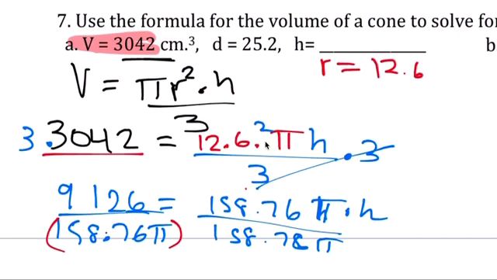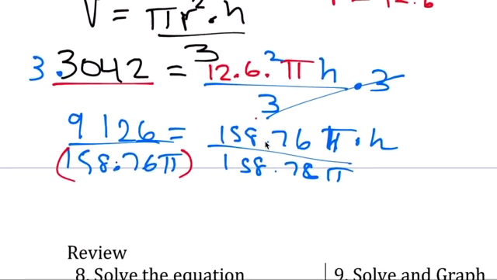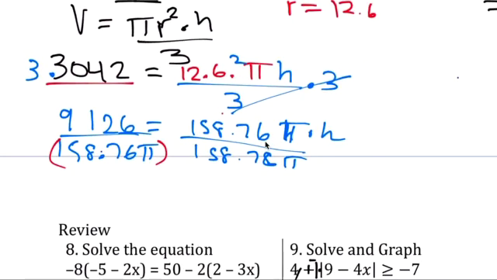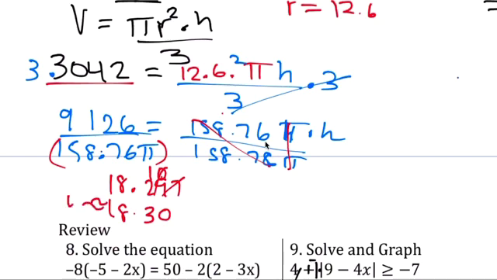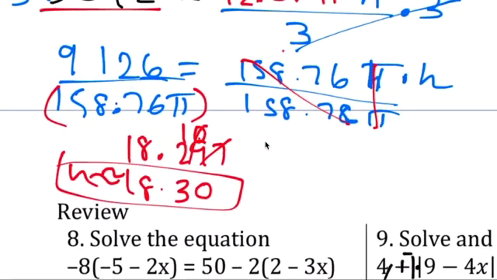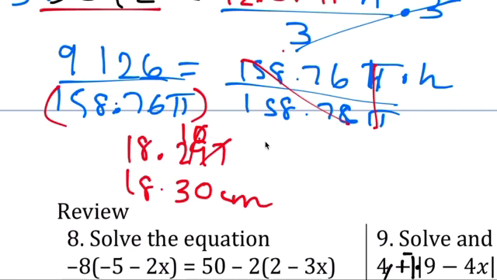You get 18.297. That's a 7, so that 9 becomes a 10. So that's 18.30 is the height, its approximate height, and this is in centimeters. Let me write it clear.